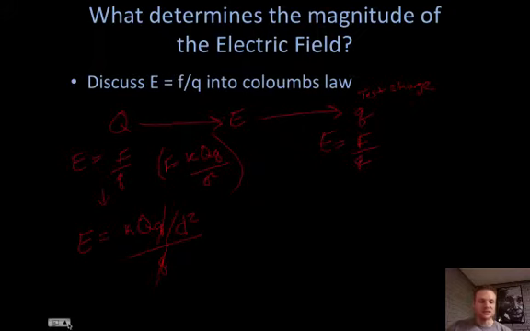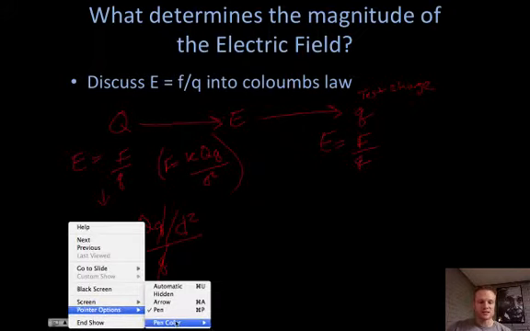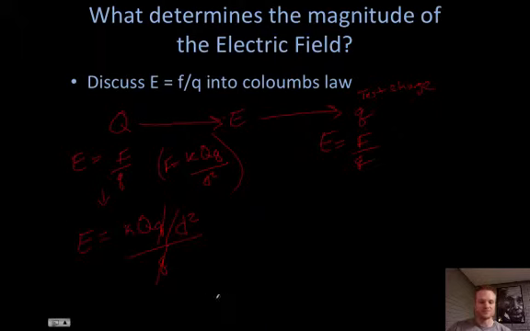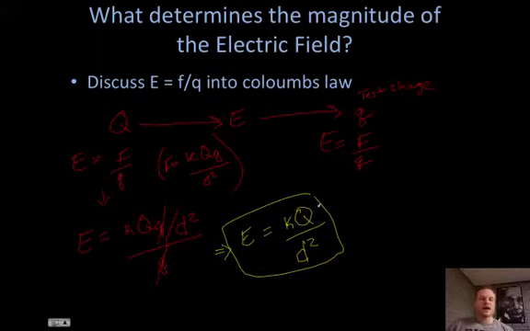And so you get this new formula, and this is an important one for you to remember: big E equals K times big Q over d squared. Notice what's changed from this formula over here and this formula here.